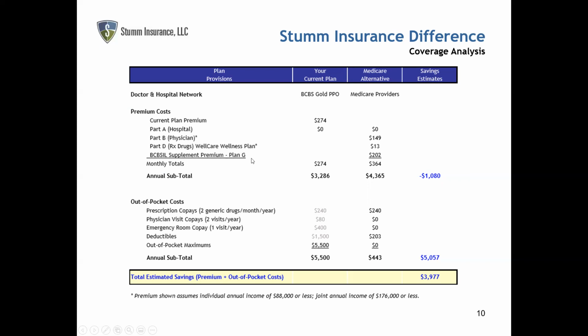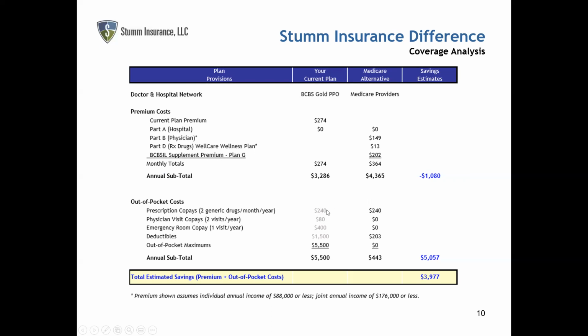The supplement, Plan G, based on his age, was going to be $202 a month. So on Medicare, all parts included, $364. So premium wise, when you're comparing his two options, it would cost him $1,000 more a year to go on to Medicare. The second part of the equation, though, is out-of-pocket costs.